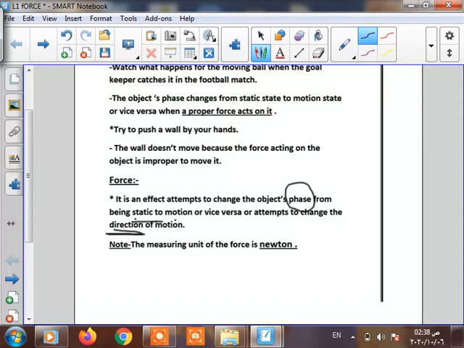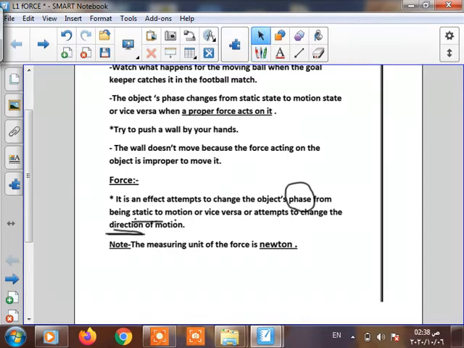If I have a moving ball and the player kicks it in the same direction of its motion, its speed will increase, while when the force is in the opposite direction, the ball will change its direction.